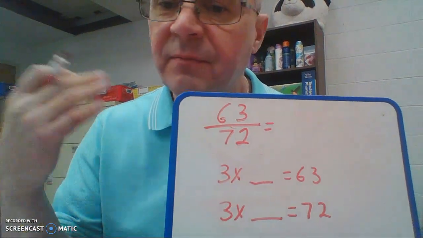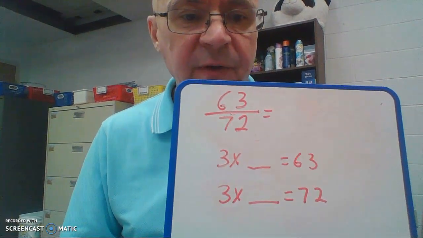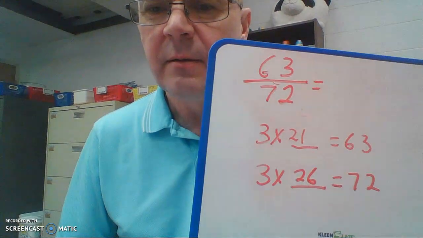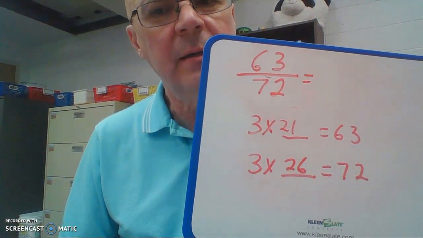And just for the sake of speed and length of this video, I know that 21 times 3 is 63, and I know that 72 divided by 3 would be 26.